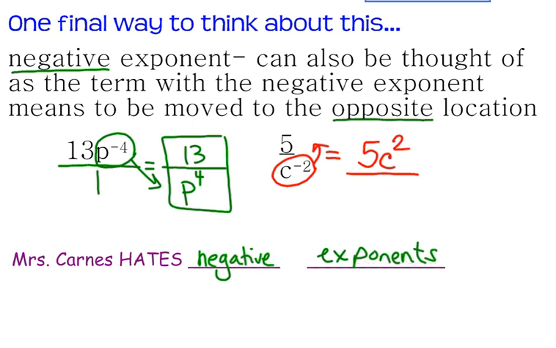Well, what would be left on the bottom? Just a 1, reminding ourselves we can turn anything into a fraction by putting a denominator of 1. But you also know how lazy I am, so I'm just going to write 5c to the second. I just moved the parts that had the negative exponent to the opposite location.